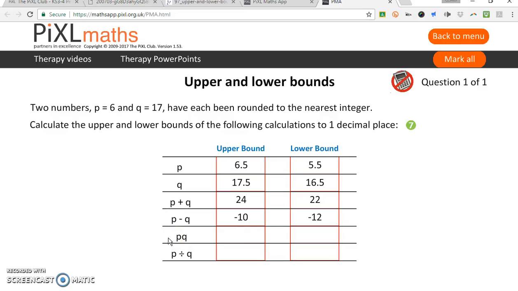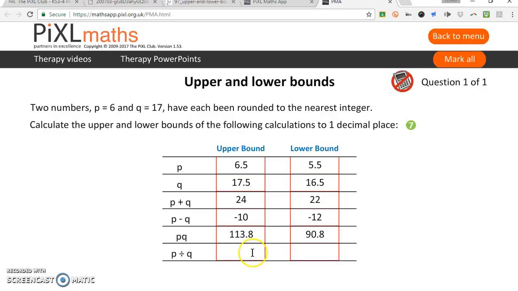So again, you're just looking for how can I make the largest combination. So for this one, we're going to do 6.5 times 17.5, which gives us an answer of 113.75, but we're rounding to one decimal place, so 113.8. And then we're going to do the same thing, 5.5 times 16.5, and that gives us 90.8.